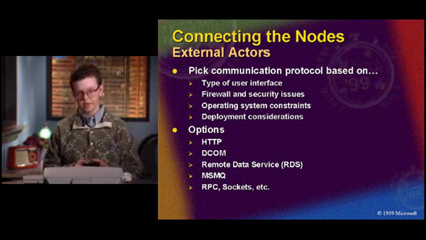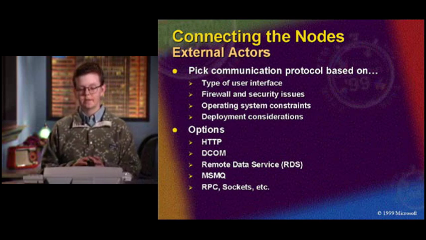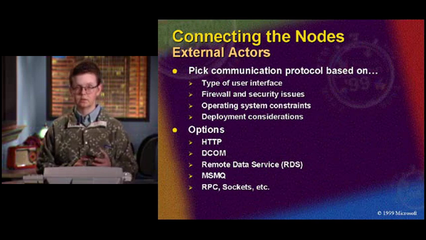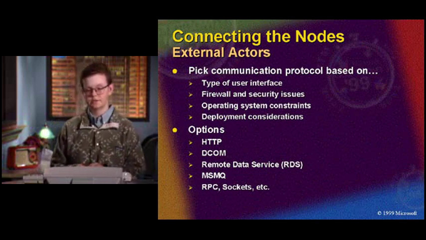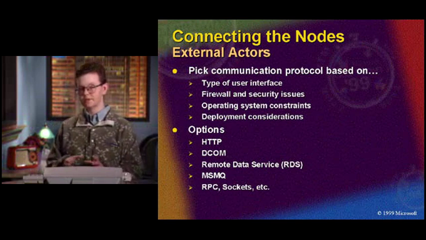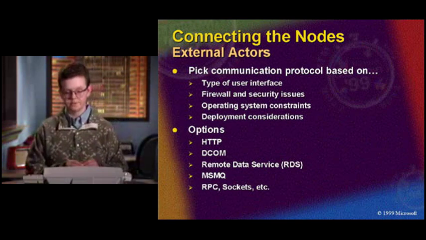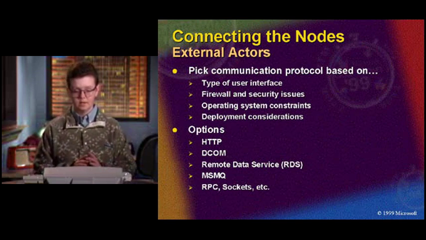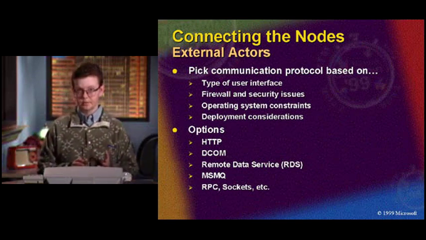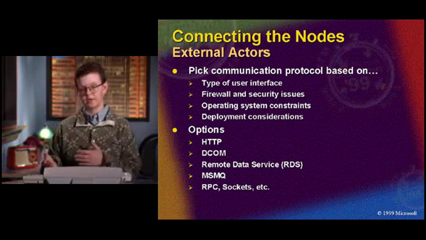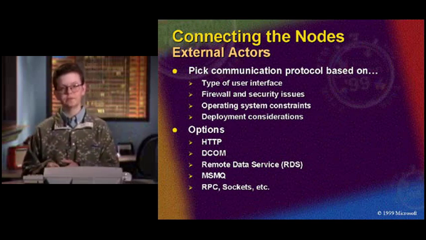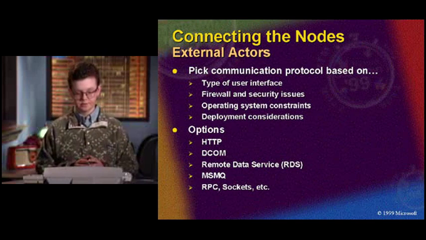DCOM is really good at communicating over TCP, but it depends on having some trusted domain relationship between caller and callee in most situations, and it also doesn't work really well through all firewalls. So in those situations, you might use an HTTP-based approach to get through the firewall and to communicate with a web server, and then have the server-side processing in the web server communicate on with the data objects.